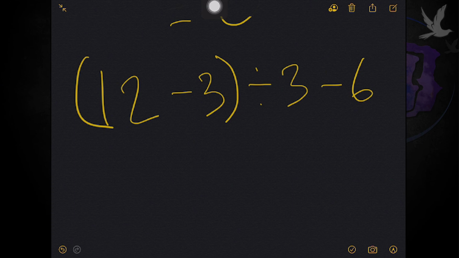Okay. So 12 minus 3 will give us, sorry, I'll give you the time pala to solve this. Please click the pause button and try to solve this on your own. Paki-pause na lang so that para hindi mahahaba yung oras natin.